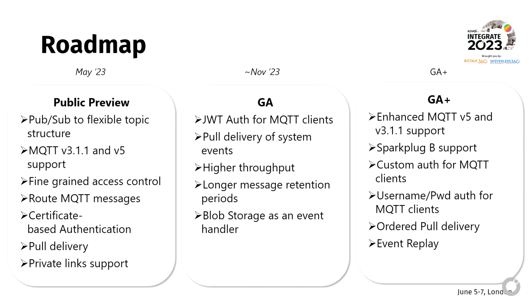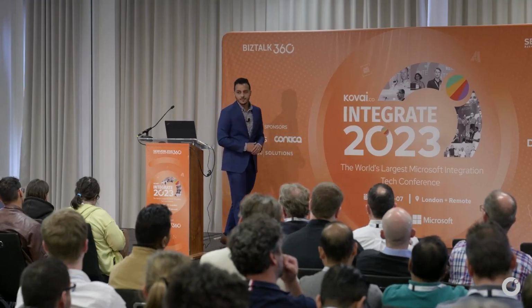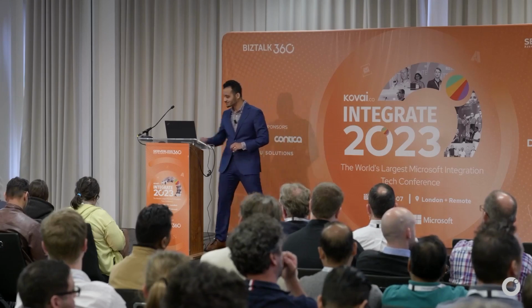We're also looking at a feature like shared subscriptions in MQTT v5. And again, we'll continue to add more diverse authentication mechanisms for MQTT clients to just give you the flexibility to use the authentication mechanism that suits your scenario. So we're looking to add username and password and custom auth. And for pull delivery here, we're also planning to support ordered delivery and event replay.